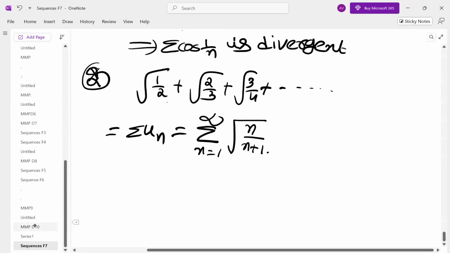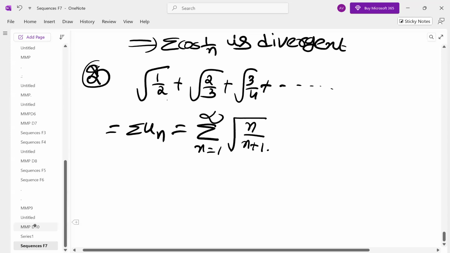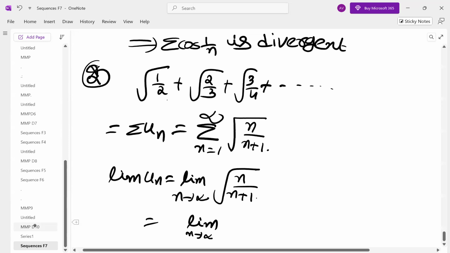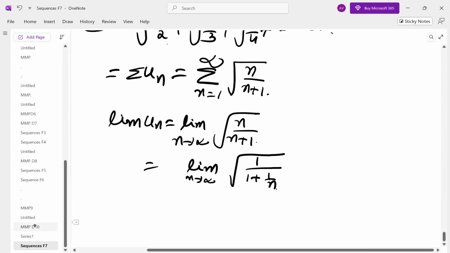So for this, we apply the preliminary test. So limit un is limit root n by n plus 1. How to find out this? Divide by n. Root of 1 by 1 plus 1 by n. n by n is 1, n by n is 1, 1 by n. As n tends to infinity, 1 by n is 0.